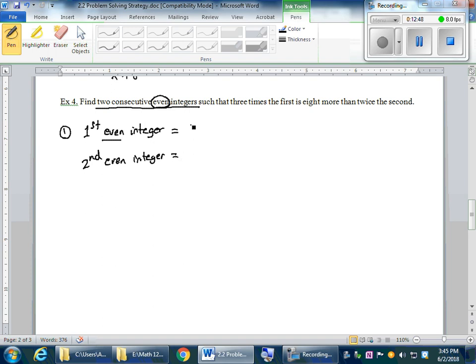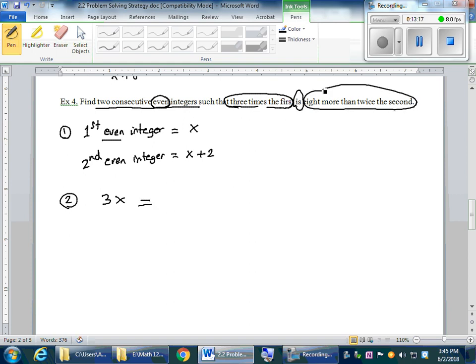So by saying that, I know that my first one is x, and the even integers are 2 units apart from one another. So it will be x plus 2. Now, setting up the equation. It said that 3 times the first, so that means 3x, is equal to 8 more than twice the second.